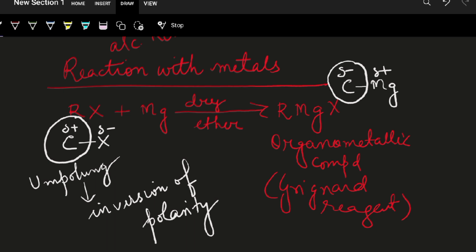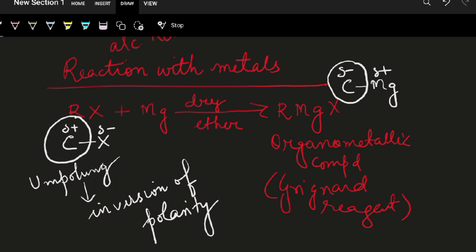Now, the term umpolung is not that important for you to remember right now, but it is of course very important for you to realize that there occurs an inversion of polarity over the carbon and why it occurs.